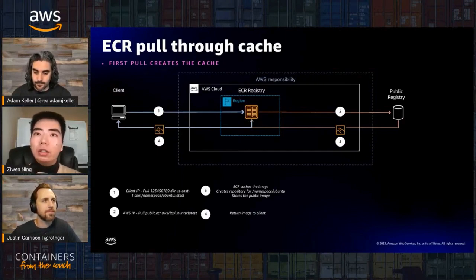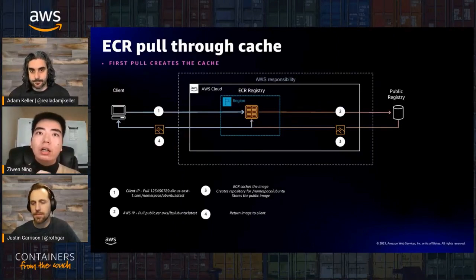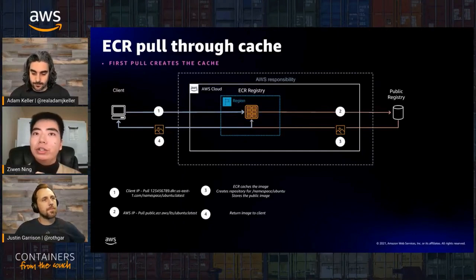So the way push-through cache works is for the first time pull, when ECR receives the pull request from the client, ECR will pull the image from the upstream registry from an AWS IP, and then begin one job to asynchronously copy the image from the upstream registry to customers' private ECR, and then return the image to customers. So even the first time pull will succeed.